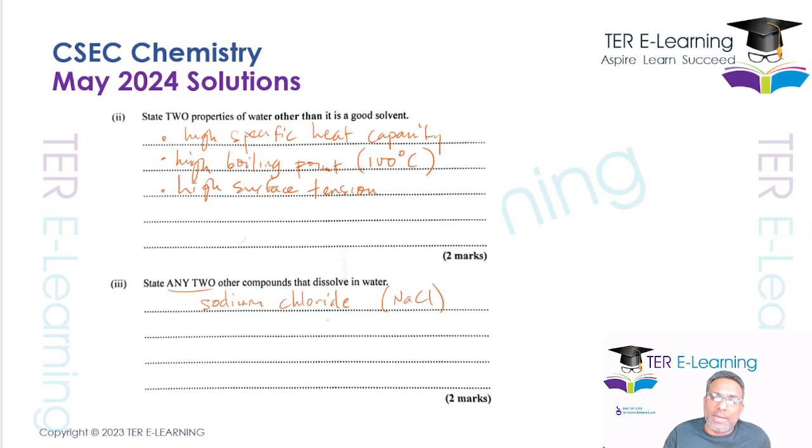And based on what we know about solubility, all nitrates are soluble. So we can say something like potassium nitrate if we want. I'm going to write the formula, but basically just give them 2 soluble salts and you're okay there. Potassium nitrate, which is KNO3. Any 2 that you give, you should be able to get a mark.